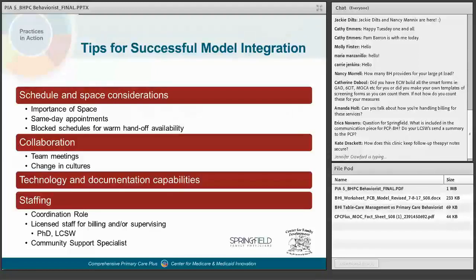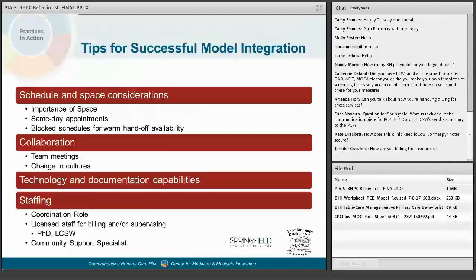And then the other thing that we have maintained is we do keep co-located therapists in the clinic as well, just to make sure that some of those people with more significant mental health needs can be tracked more closely, because we did find that when we were referring patients out to specialty behavioral health, it's sometimes hard for them to follow through. So we do maintain both the fully integrated behaviorist model, and then we also still have 2 full-time co-located therapists as well.